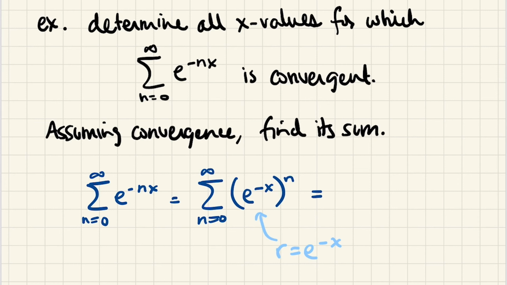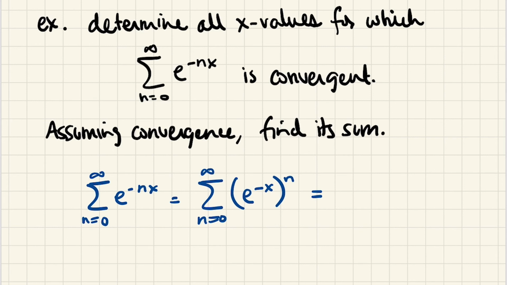But also, if you're not quite comfortable with that, and we're going to need our a value anyway, since it's asking for the sum, you can certainly write out the terms of the series, because you know that the first term of the series will be a, and the second term of the series will be ar. You know that when it's a geometric series.